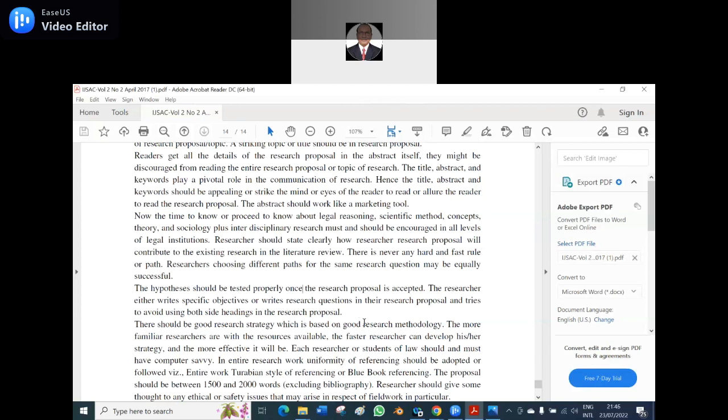In the entire research work, a referencing style should be adopted and followed consistently, namely the Bluebook referencing style. The proposal should be between 1500 to 2000 words, excluding the bibliography. So there is a limitation given.